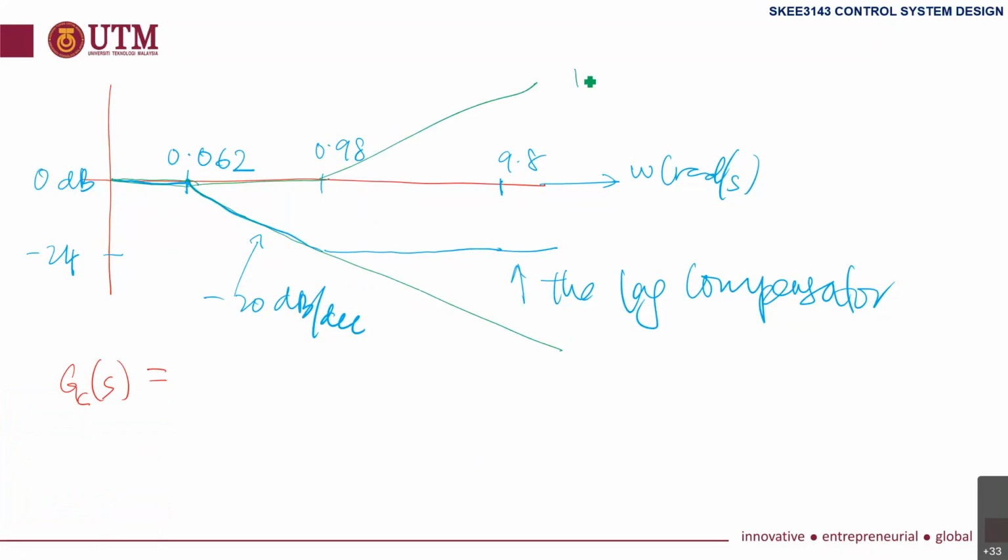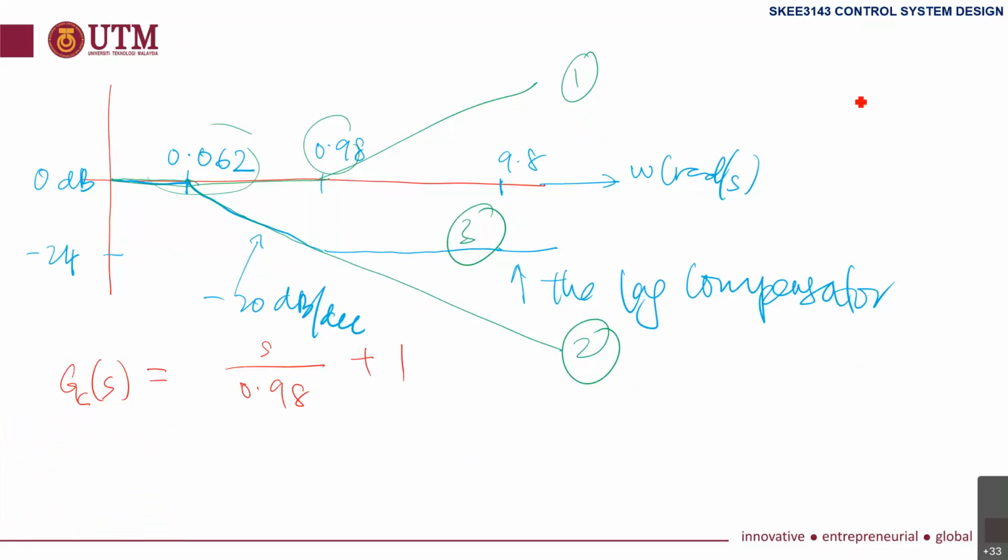If you add 1 and 2, you will get number 3, which is the lag compensator. And the break frequencies are these two. Number 1 is the numerator: S over 0.98 plus 1.